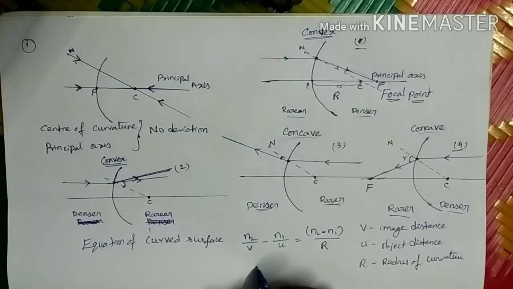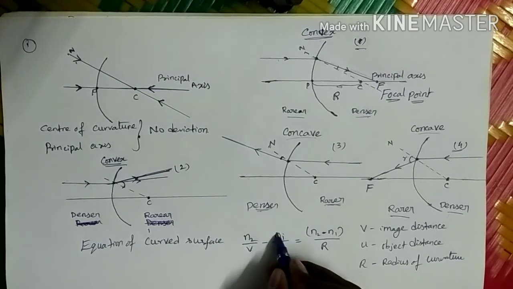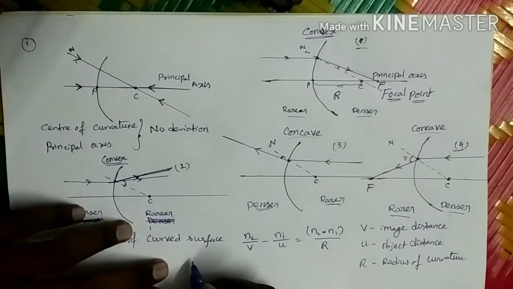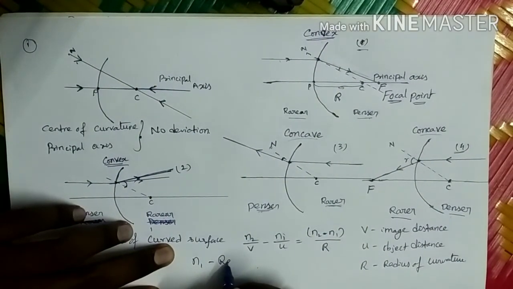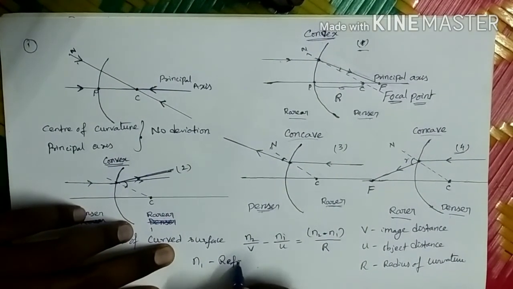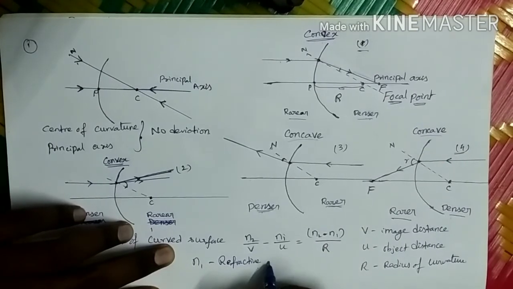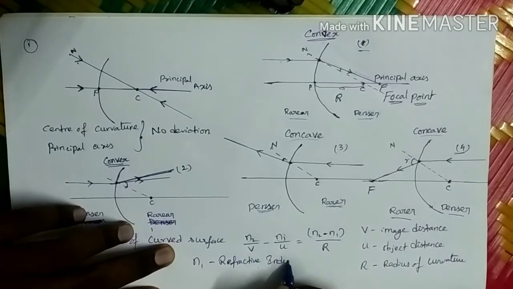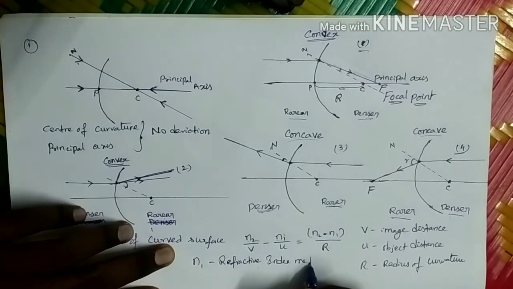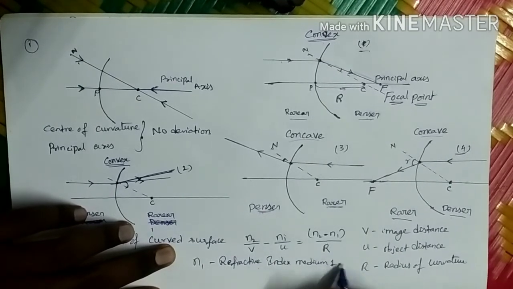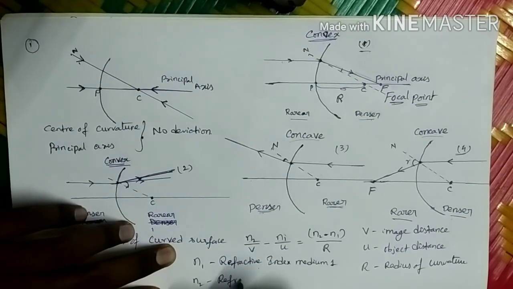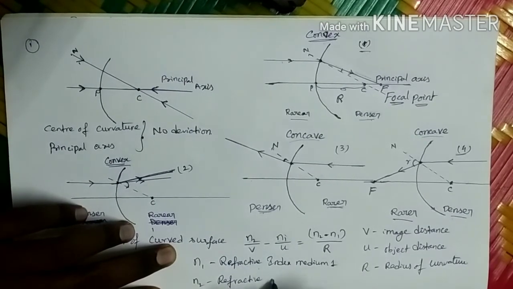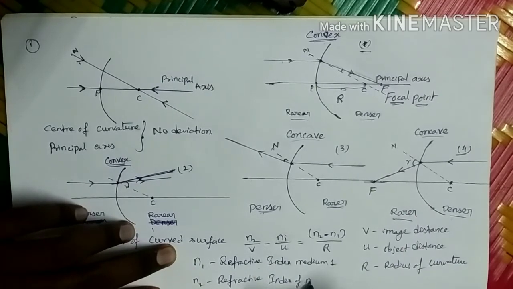Remember this. And N1 is the refractive index of the first medium, medium 1, and N2 is the refractive index of the second medium, medium 2.